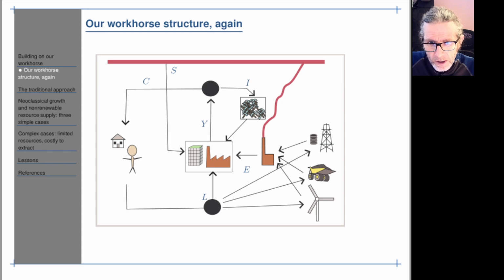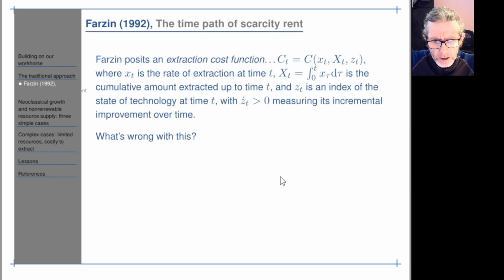Now we're going to look at what if there's a resource that initially is super abundant, we're just scratching the surface, nothing happens to depth. Then we have a constant flow, and then it starts running out. Can we combine all that in one model? It turns out that we can. And that's what we're going to look at now.